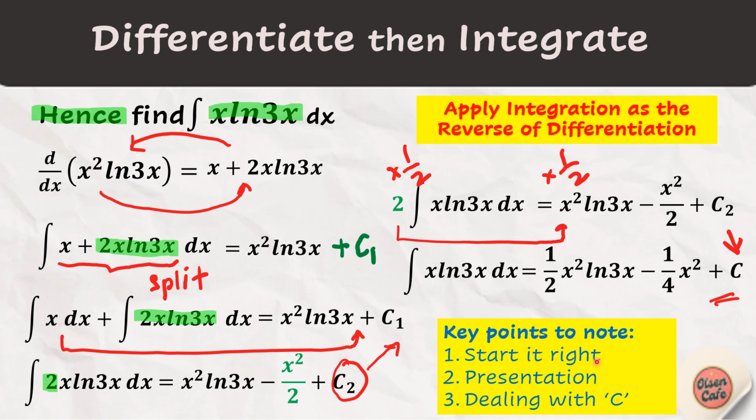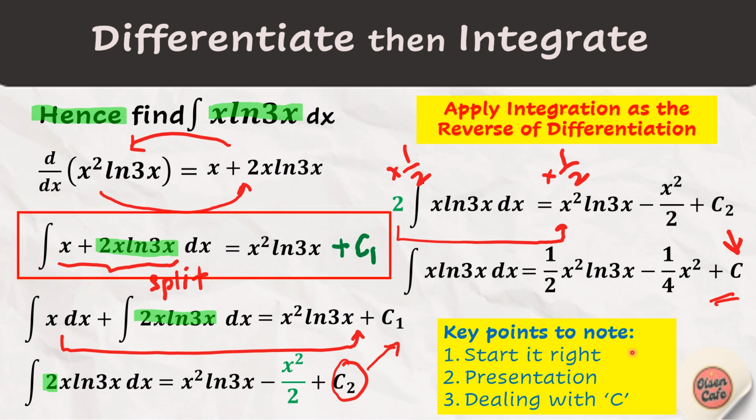What is important for point number 1 to take note of is you must start it right. What do I mean by start it right? Remember earlier, I mentioned that this is the most critical part of your problem. Before we can even find the integral of x ln 3x, you must start it right. Always start off from what you have already found.